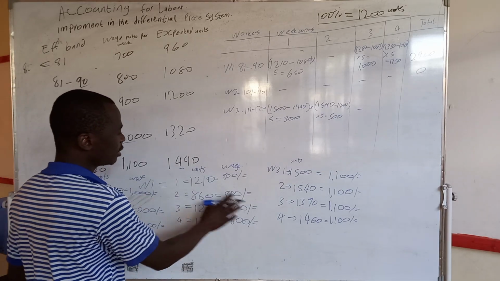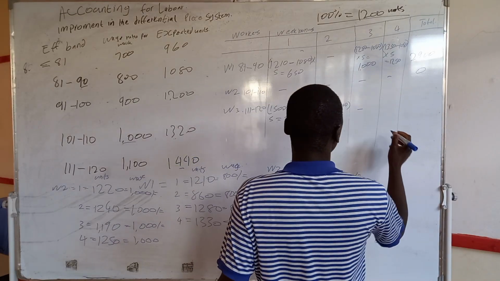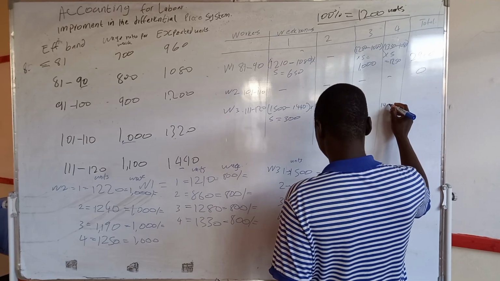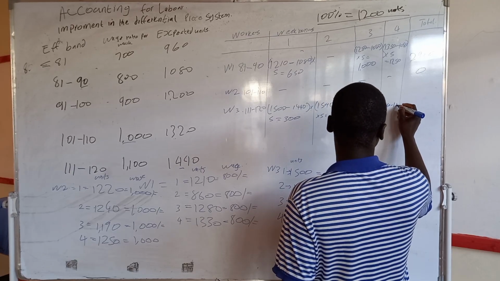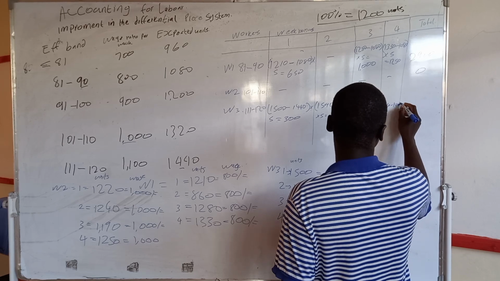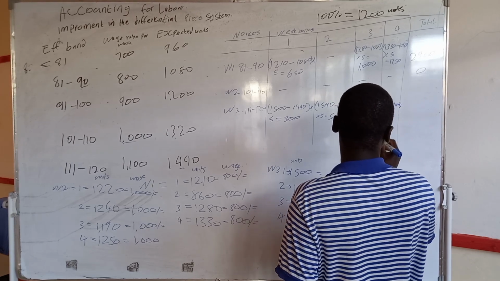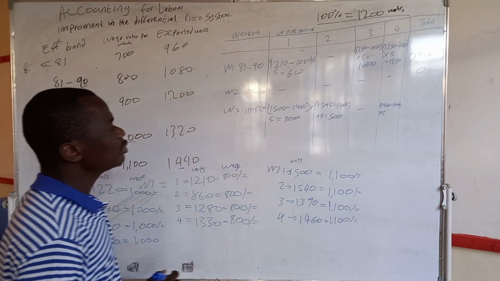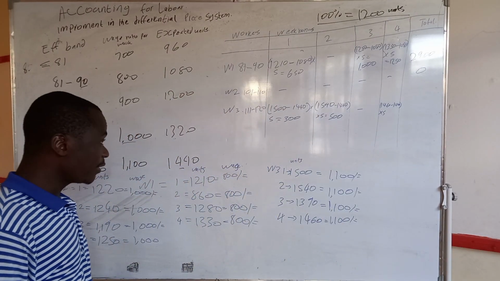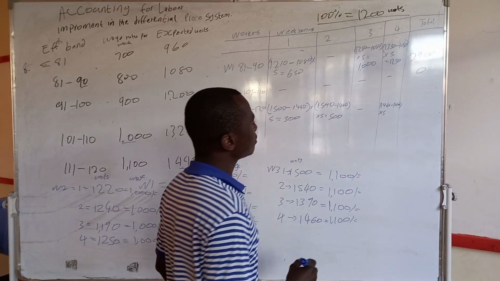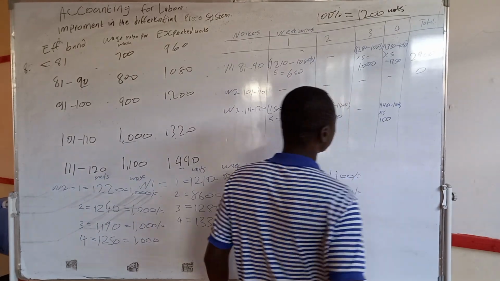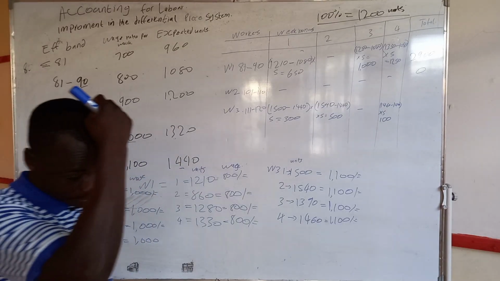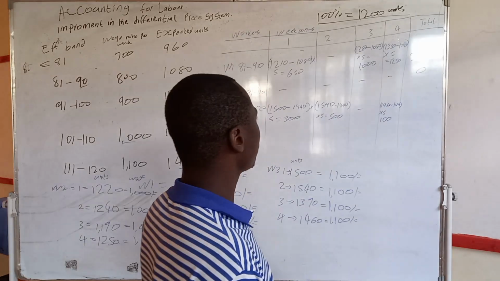That is simply 1,460 minus 1,440, times 5. Okay? That is by only 20 units. So 20 times 5, that is 100.